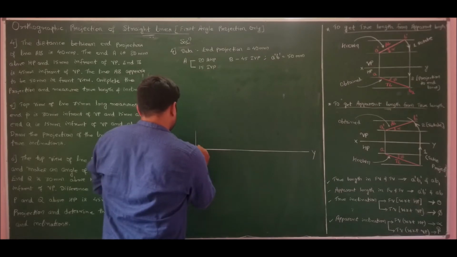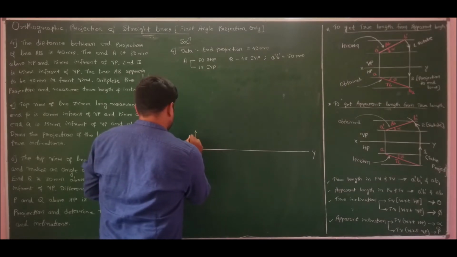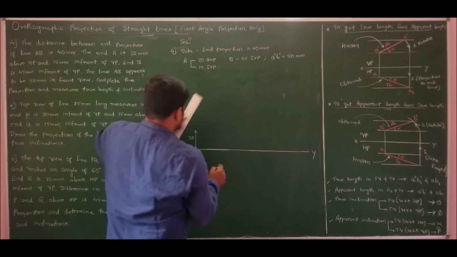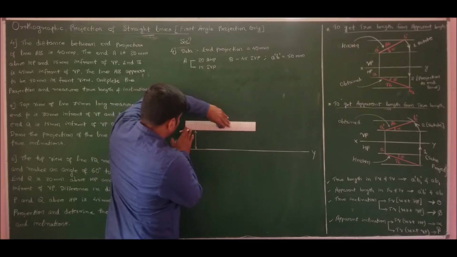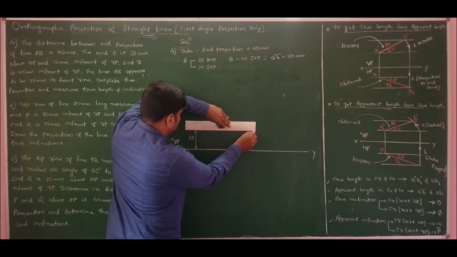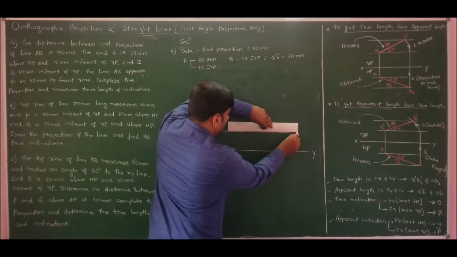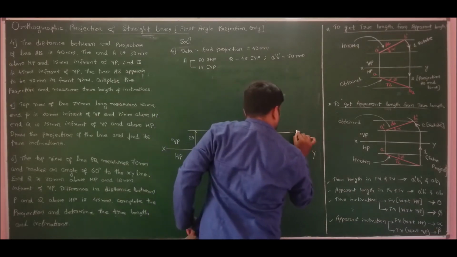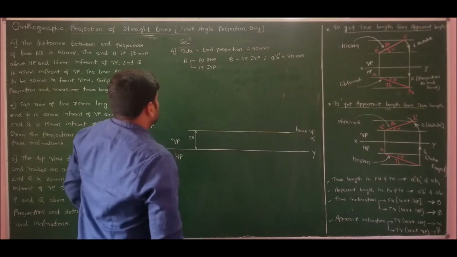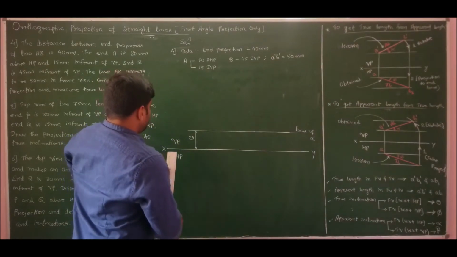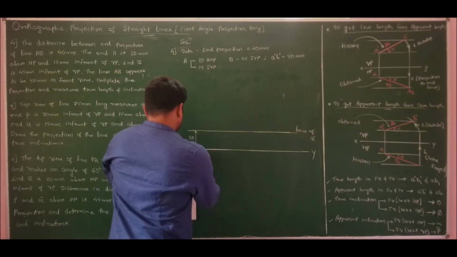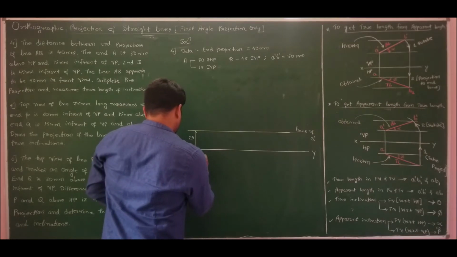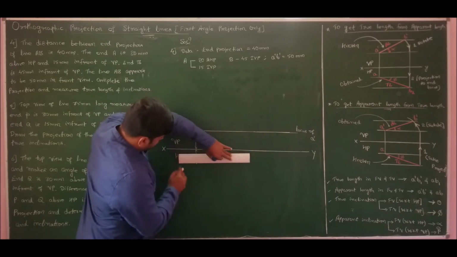So I fix the locus as 20 mm. This will give us the locus of A dash. If you want, you can write it as locus of A dash, and 15 mm in front of VP. So mark 15 mm in front of VP, which gives us the locus of A.